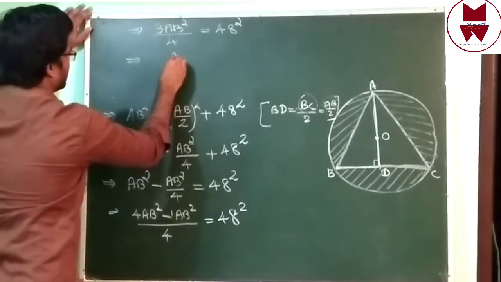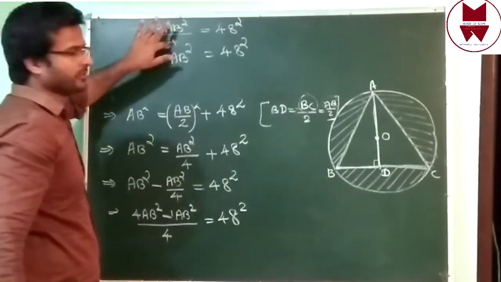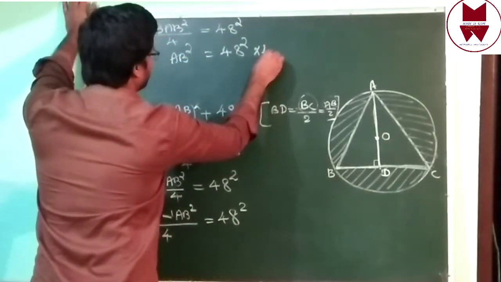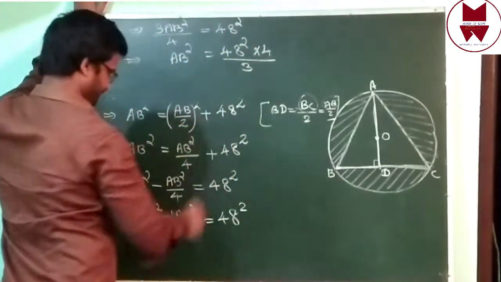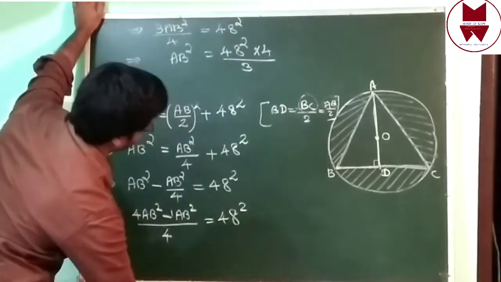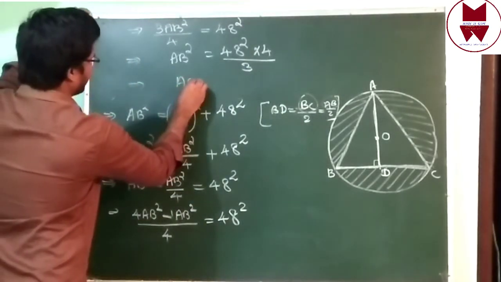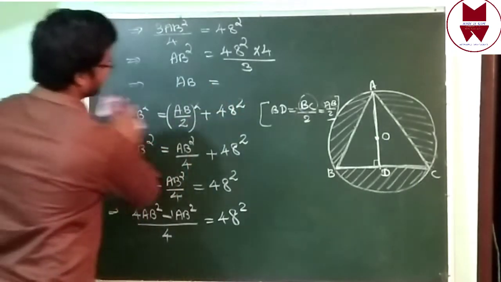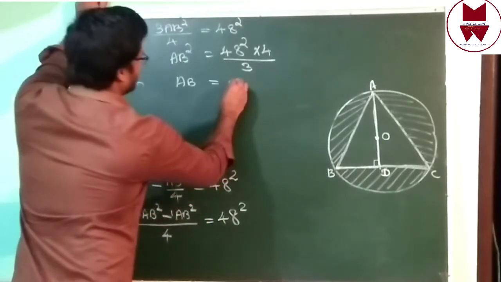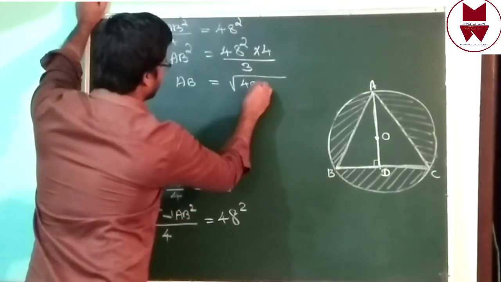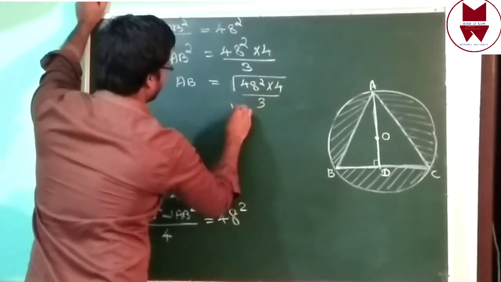Then AB square equals 48 square into 4 divided by 3.